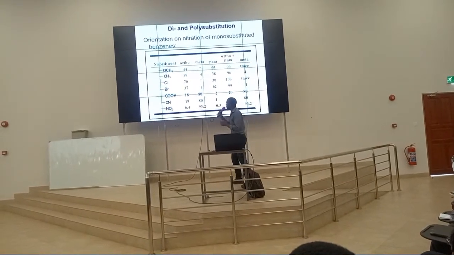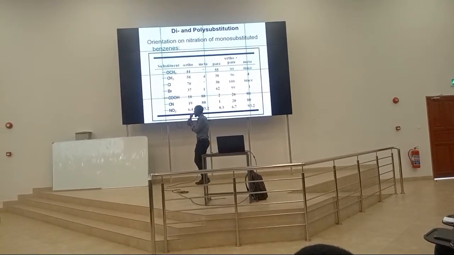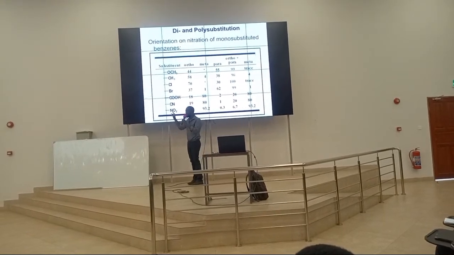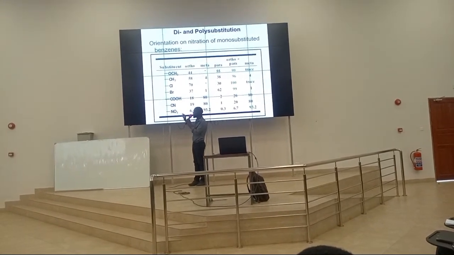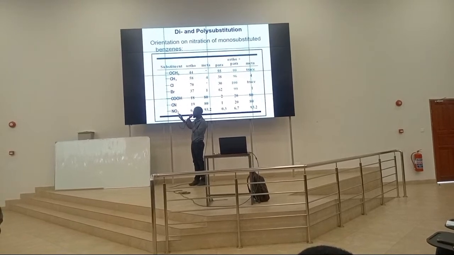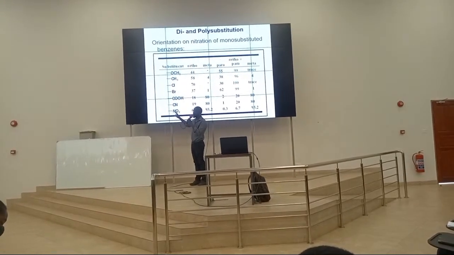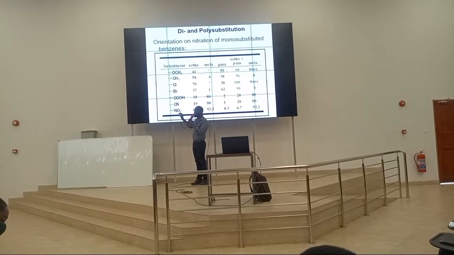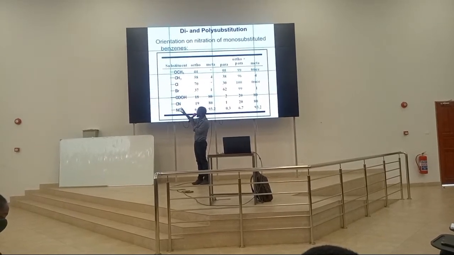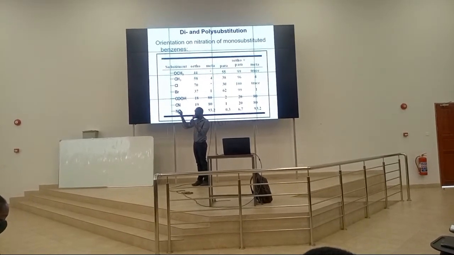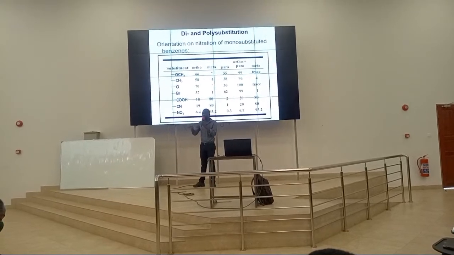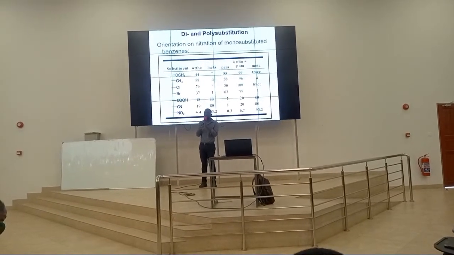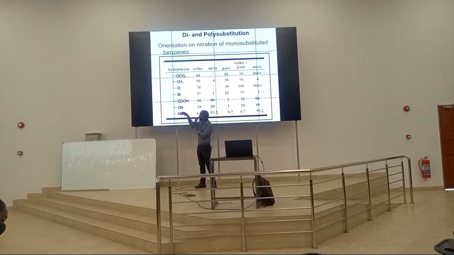But that is not the case for nitro. The nitrogen here does not have any lone pair of electrons in the nitro. So it doesn't donate electrons to the benzene via resonance effect. So even here, the carbon does not have any lone pairs of electrons to donate electrons via resonance effect. So we are saying these are electron withdrawing.